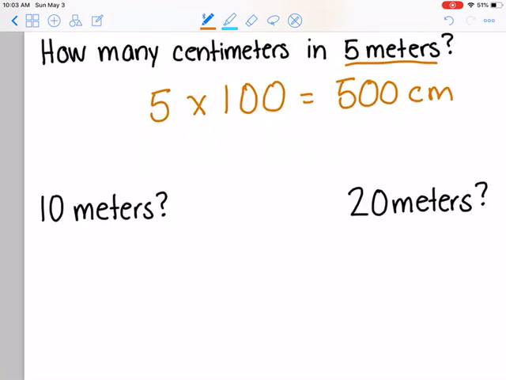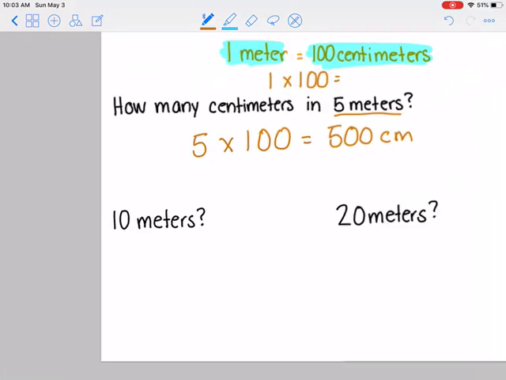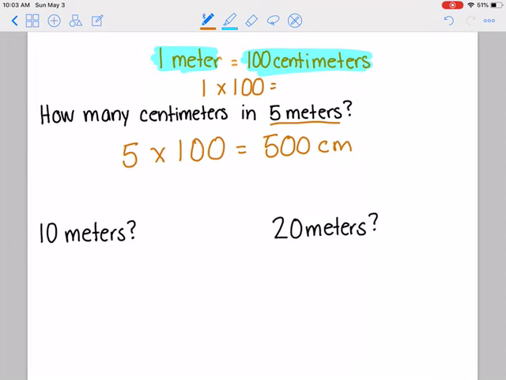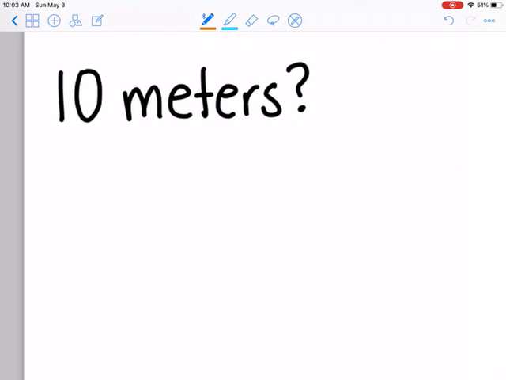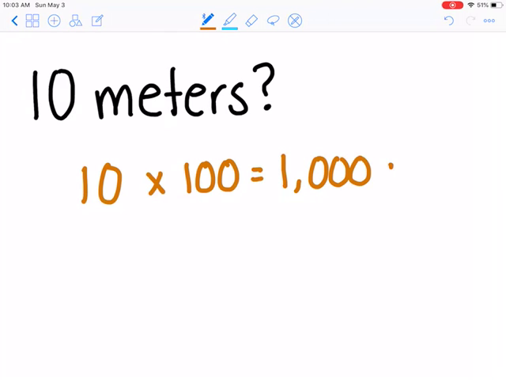Now they want to know how many centimeters are in 10 meters. You would do the exact same thing: instead of 1 times 100, you would do 10 times 100 centimeters. 1 times 1 is 1, and then there are 3 zeros. You get 1,000 centimeters.